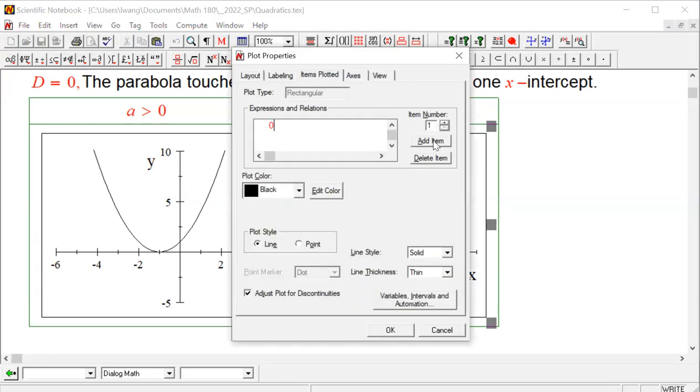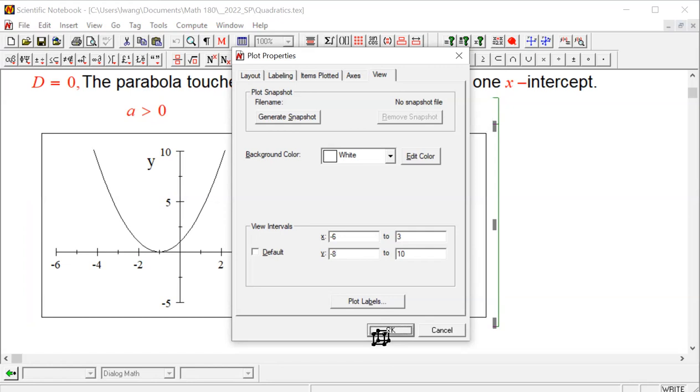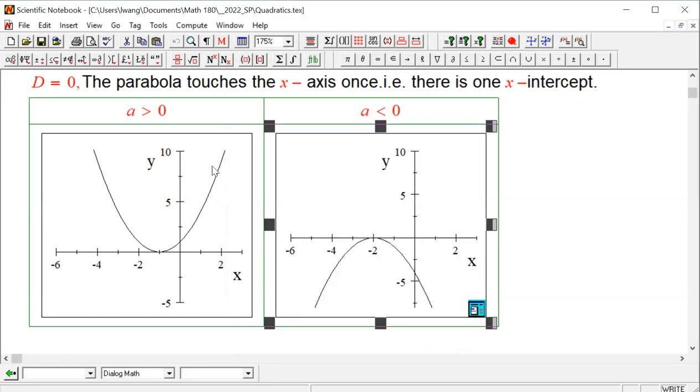So let's see a case that opens down. Let me make a little adjustment on the view. Okay, so in the case where the parabola touches the x-axis, it could be opening up and touching the x-axis once.